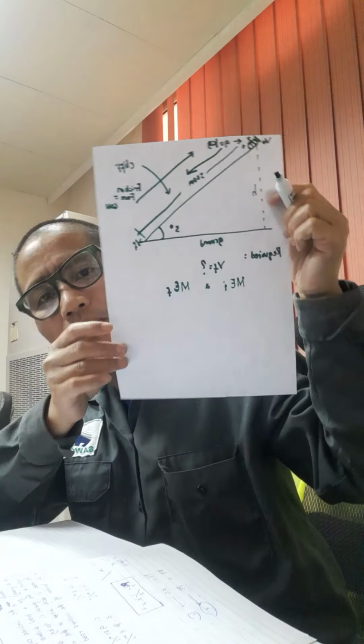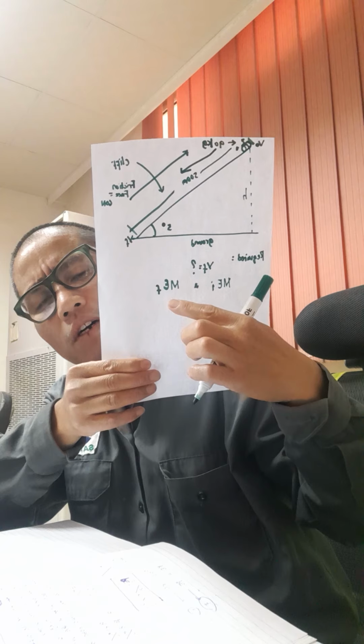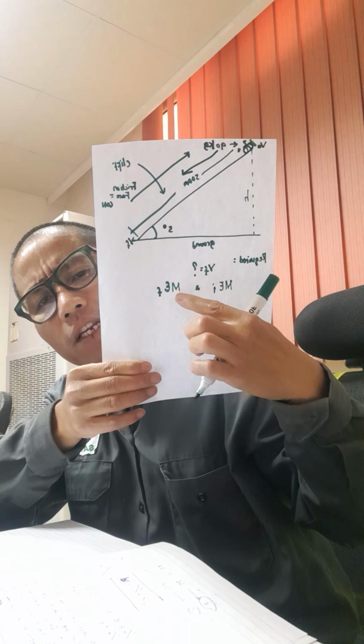So we use the mechanical energy at point 1, the initial, equals the mechanical energy at the final, this one. Mechanical energy initial equals mechanical energy final.